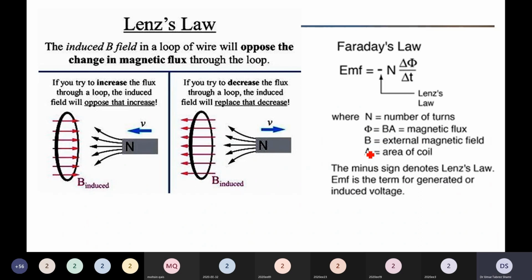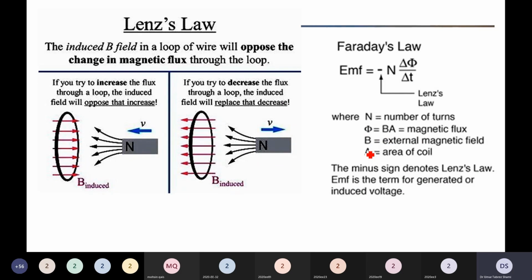Now, what is this minus sign? This minus sign represents the polarity of the voltage being induced.